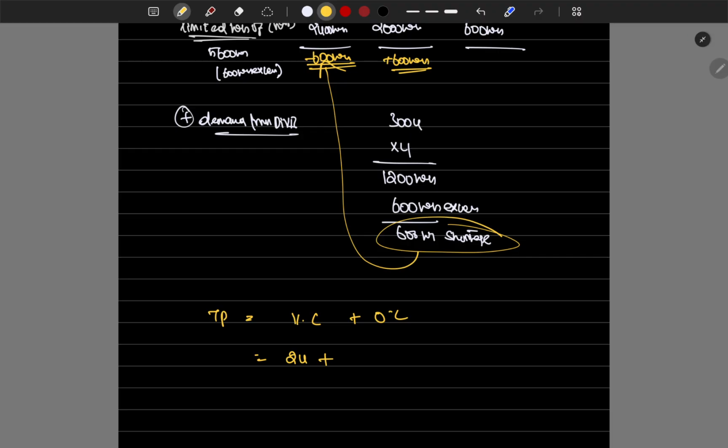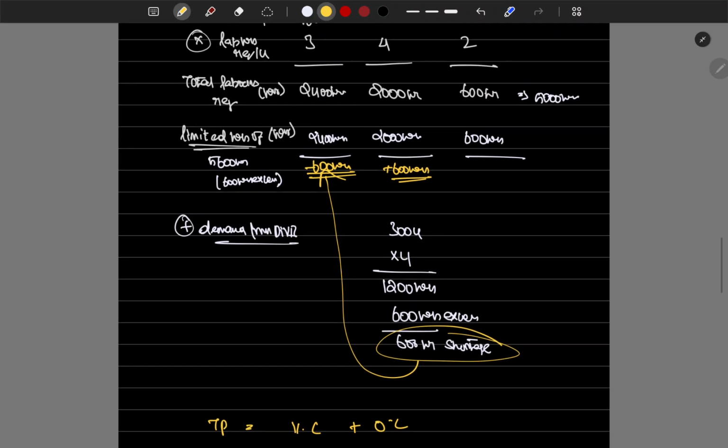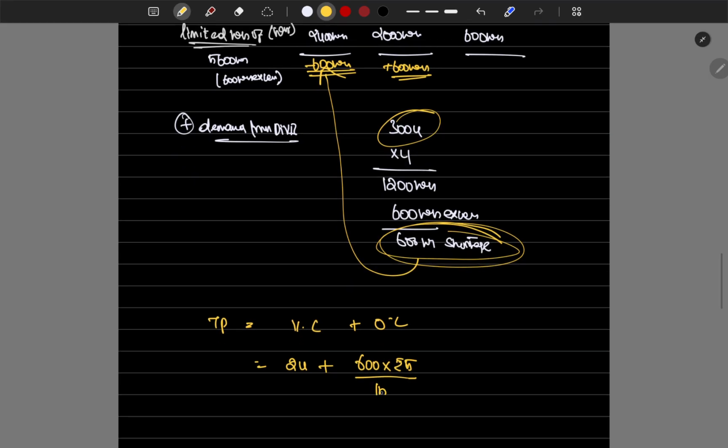So 600 hours into the contribution, rupees 5, divided by the units. Only for half of 300, which is 150 units, we use the hours of X. So 600 into 5 divided by 150, which comes to 20.